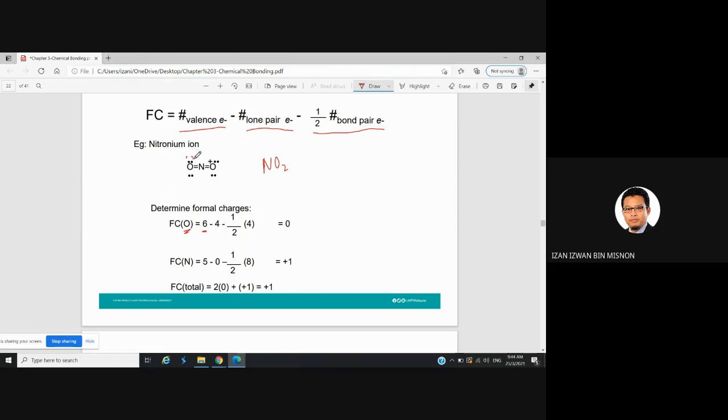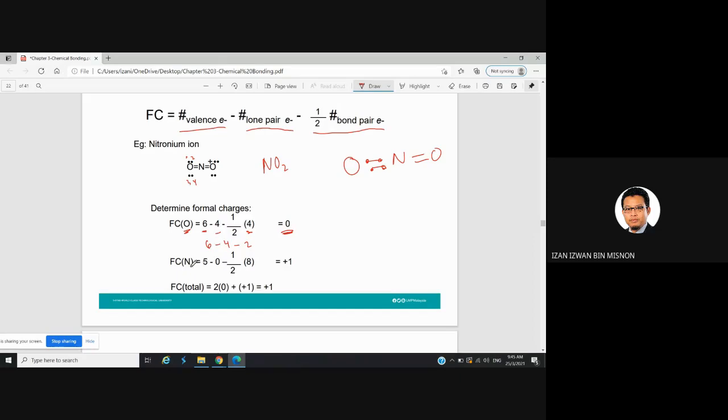So we have 1, 2, 3, 4, and minus half the number of bond pair electrons. So finally, we will have 6 minus 4 minus 2. Then the formal charge of oxygen is 0.